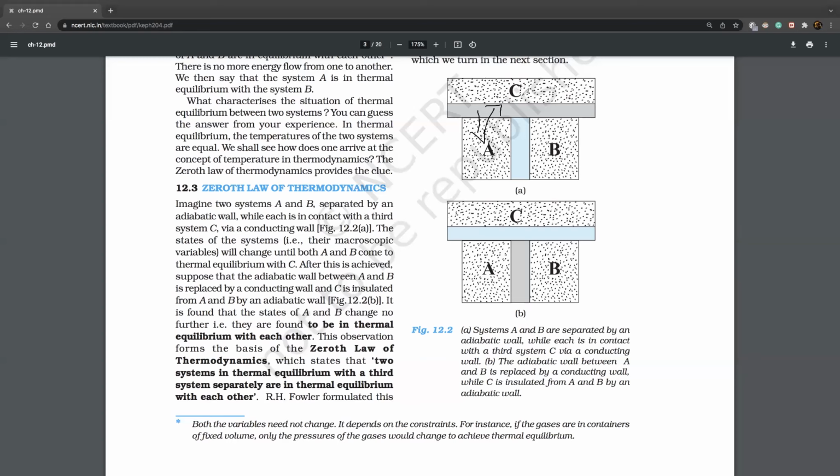Once A and C have attained equilibrium, then B and C also attain equilibrium, until all three of these systems have the same equilibrium state.